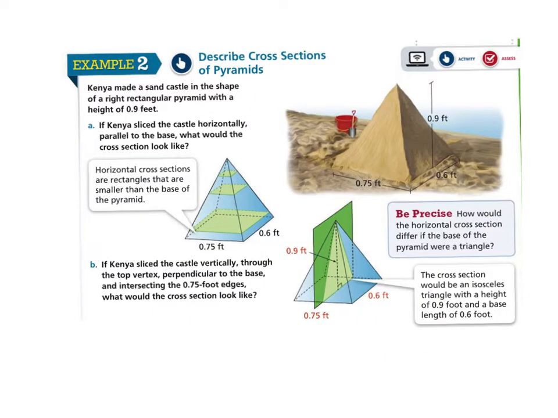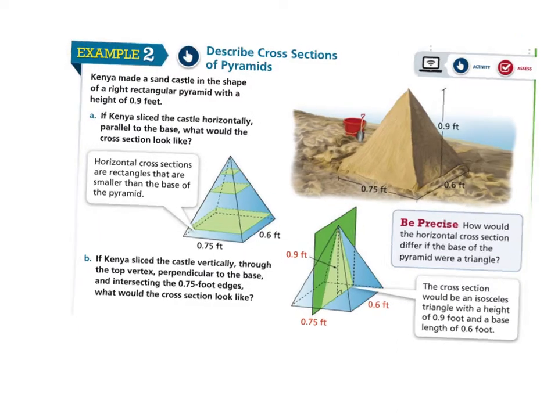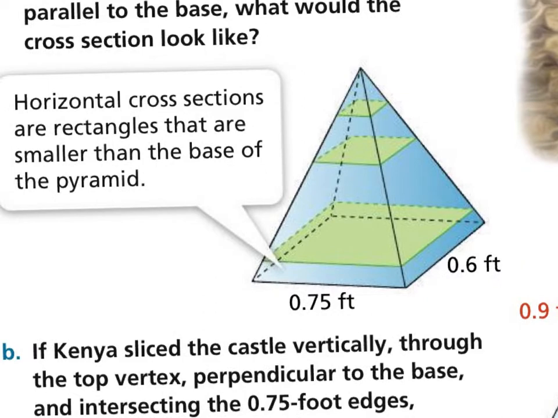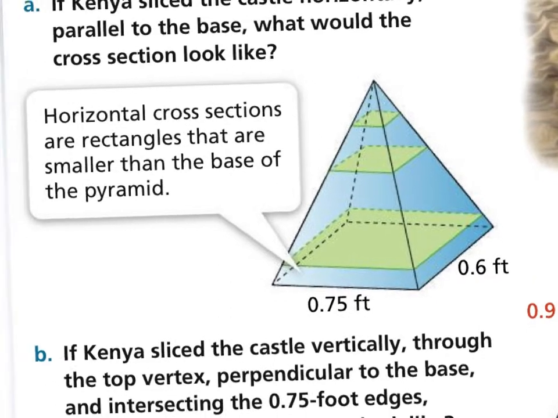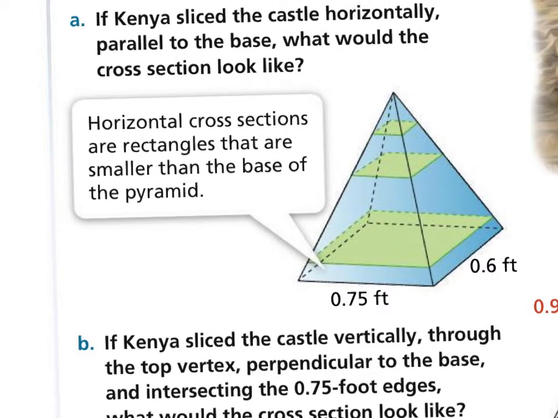Example 2: Kenya made a sandcastle in the shape of a right rectangular pyramid with a height of 9/10 of a foot. Part A: if Kenya sliced the castle horizontally, parallel to the base, what would the cross section look like? Well, if we do horizontal slices, it depends on where we slice it, because this pyramid is getting smaller as we go towards the top.